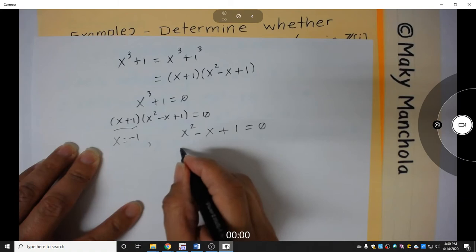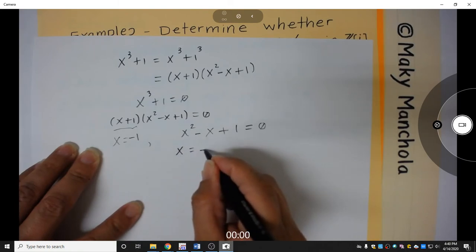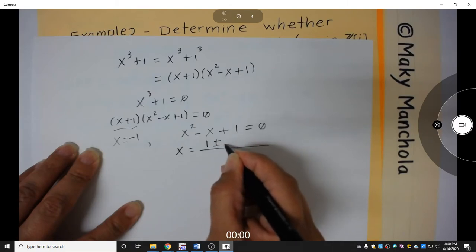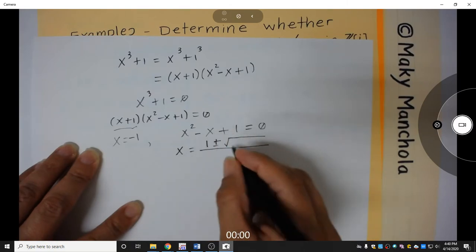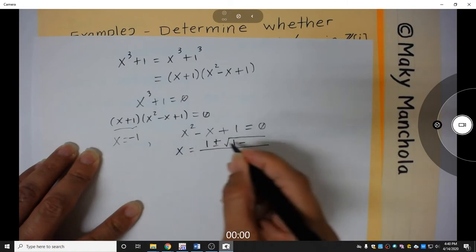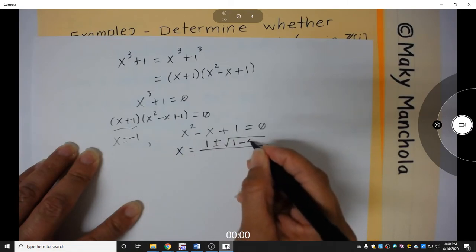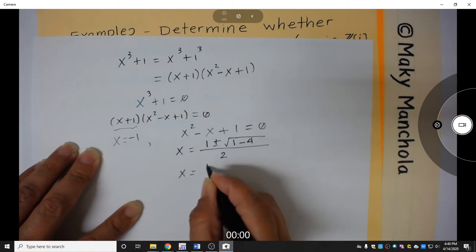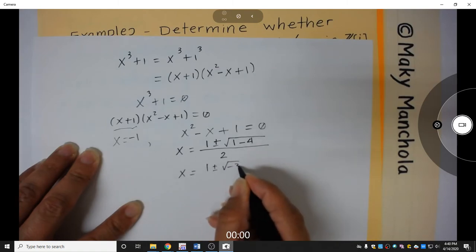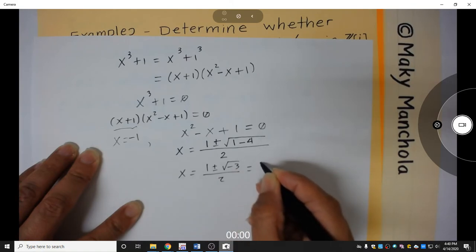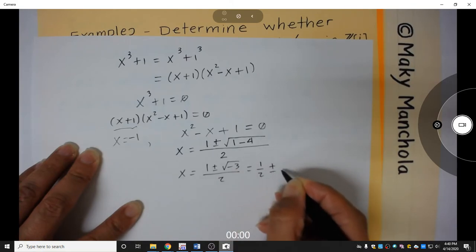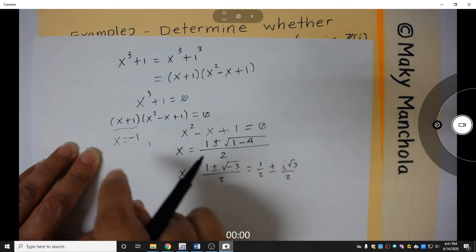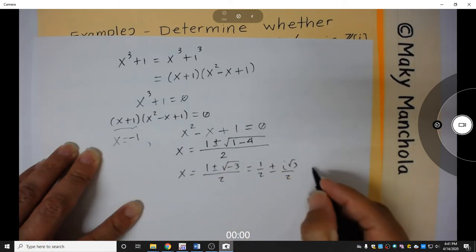Using the quadratic formula, x equals negative of -1, which is 1, plus or minus the square root of -1 squared is 1, minus 4 times 1, which is 4, over 2 times 1, which is 2. So that's 1 plus or minus the square root of -3 over 2, which is the same as 1/2 plus or minus i root 3 over 2, which are not Gaussian integers.